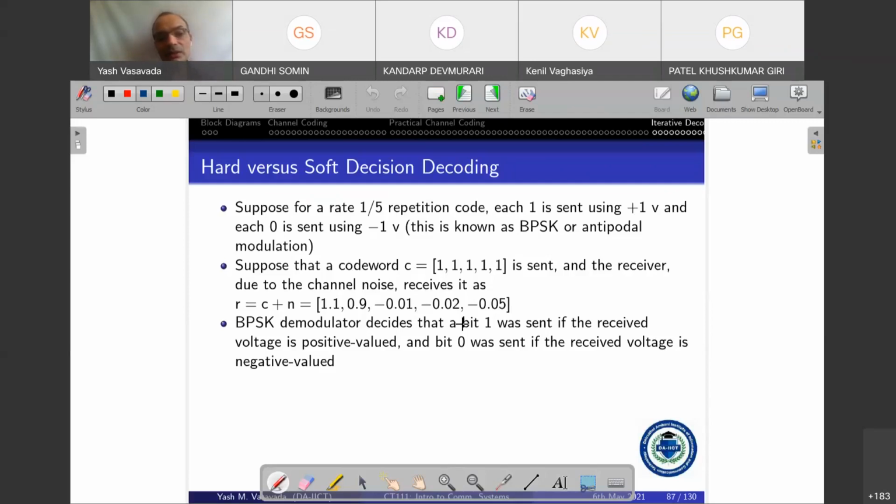On the other hand, when the posterior ratio is very high, which would be the case for 1.1 and 0.9, or very low, which would happen if instead of this being minus 0.01, it was minus 10, in those cases the receiver knows with very strong confidence, basically the belief is very high at the receiver, that the transmitted bit is what it has demodulated. But if the R value is very close to the boundary, the receiver has pretty much no knowledge.